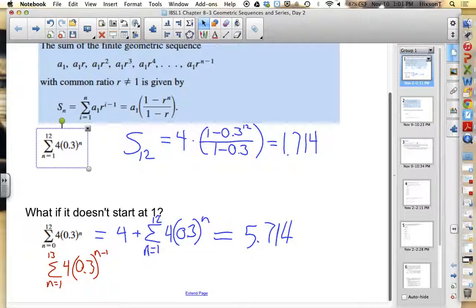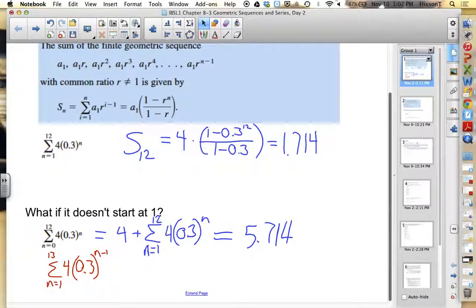We look at that term in front of the r to the n power, okay? And then we have the rest of our formula here, 1 minus 0.3 to the 12th over 1 minus 0.3, and we get 1.714.